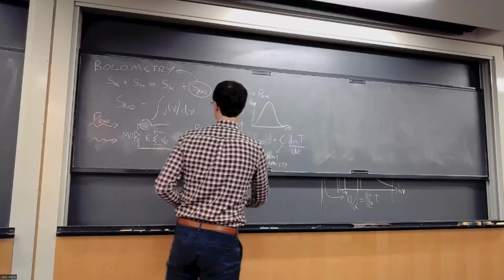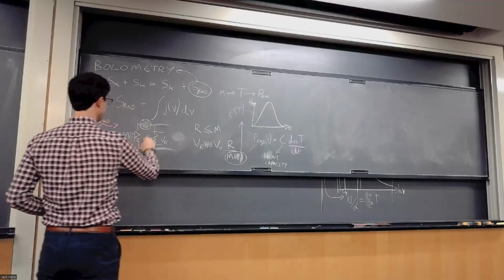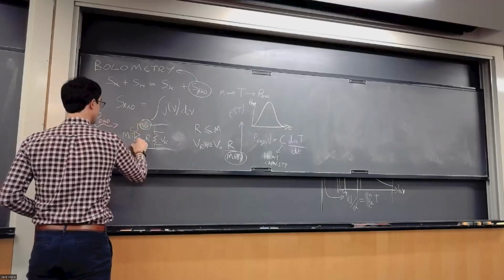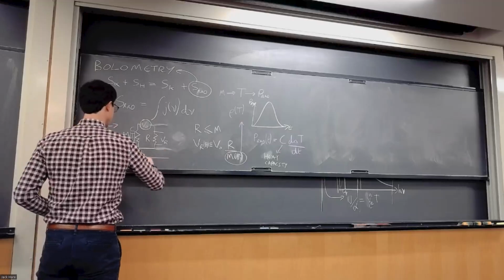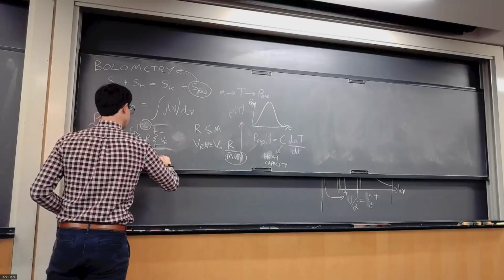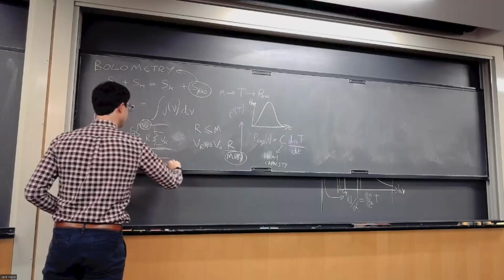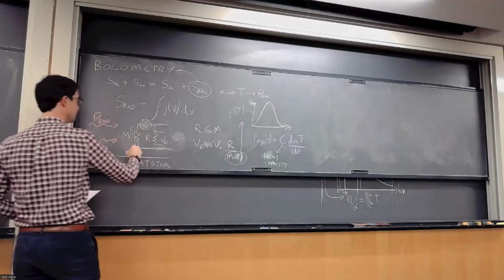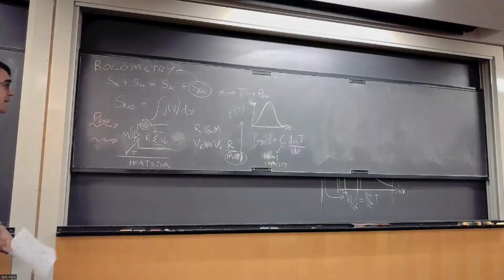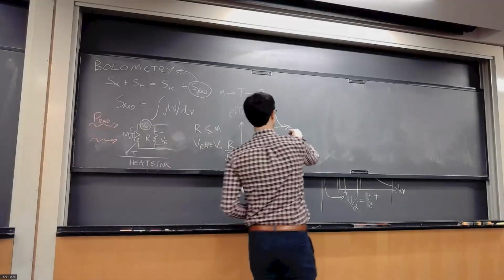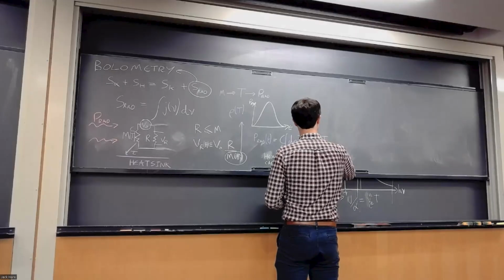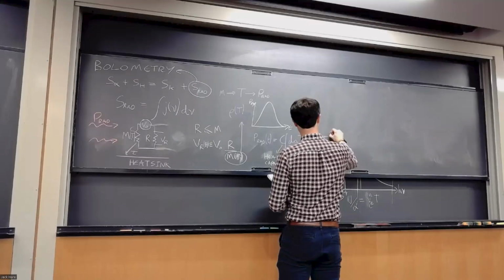And in general, this resistor is going to be connected. It has its own heat capacity C, but it's also going to be connected to some heat sink, which is unavoidable. Even if you don't connect it to a heat sink, it'll be connected to a heat sink through these wires. And that heat sink will have some thermal transport time, tau. There's actually a second term here, which is delta T upon tau, like that.